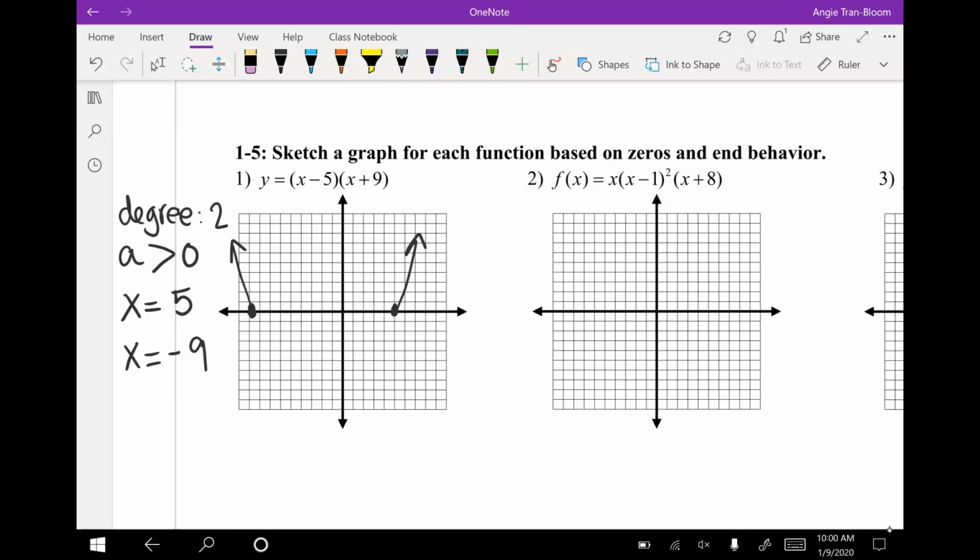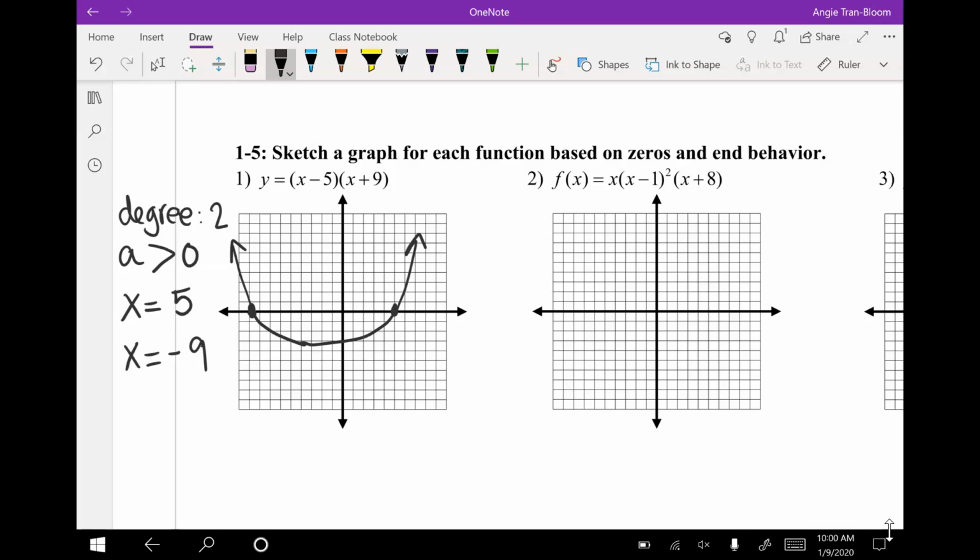Is that an odd number or even? 1 is odd. So if it's odd, I would run through the x-axis. Would you agree? That's running through. That's also running through. So what shape is that? That's a parabola, because a parabola will give me a degree of what? 2. That's all we've got to do.